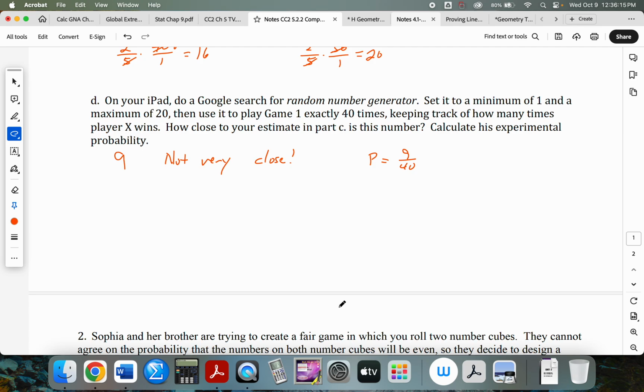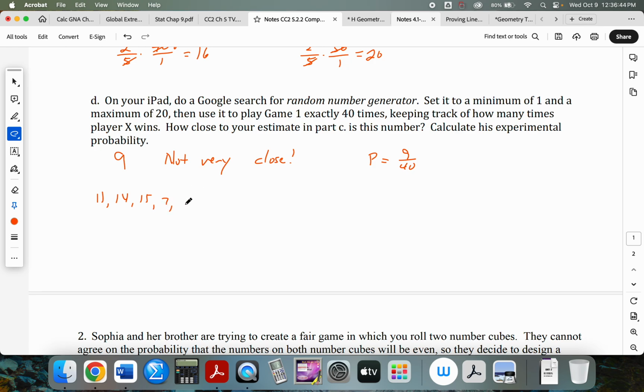All right, if you're done with yours, if you'll raise your hand, I'm going to write down what everyone got. 11. 11. 14. Coop, what'd you get? 15. Ben? 7.